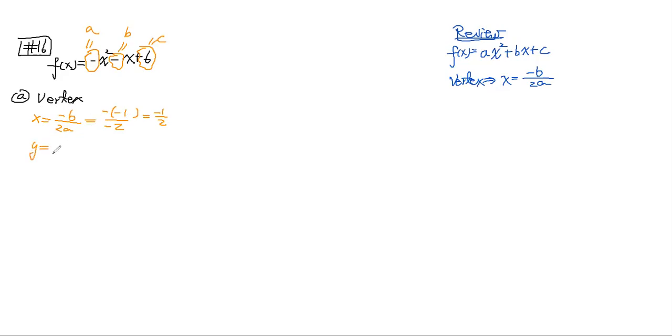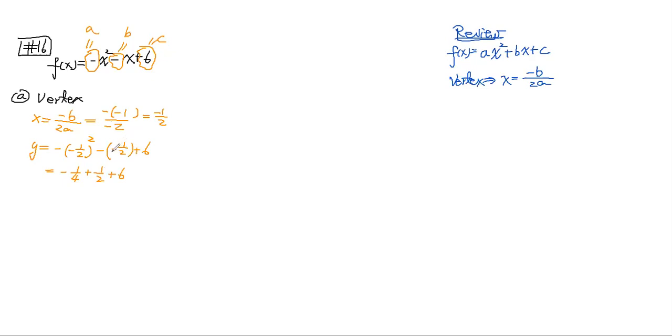After you get that, in order to get the y value, what do you do? You just substitute. You need to be careful here. This is negative (-1/2) squared minus (-1/2) plus 6. So the first one is -1/4, plus 1/2, plus 6.